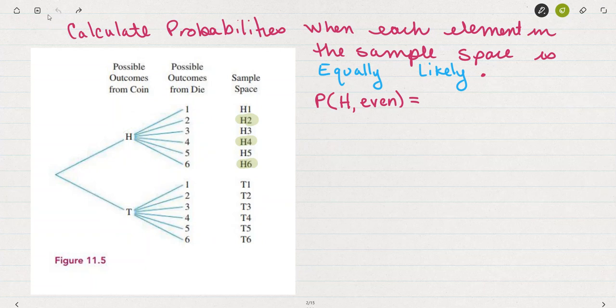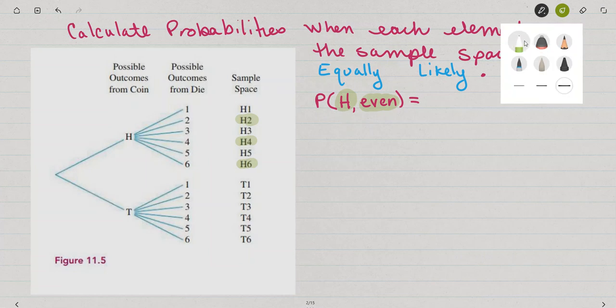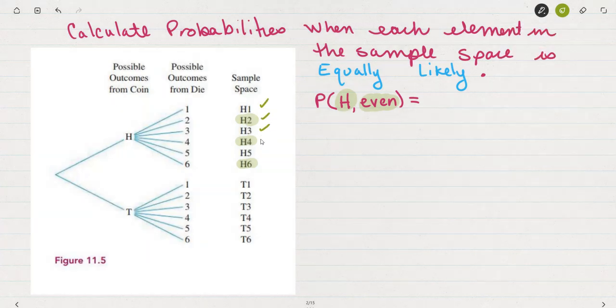Each item listed here in the sample space is just as likely to occur as anything else in that sample space. So if I wanted to calculate the probability of getting a heads on the coin and then getting an even number on the die, I could look at the sample space and notice, first of all, how many elements are in the sample space. 1, 2, 3, 4, 5, 6, 7, 8, 9, 10, 11, 12.